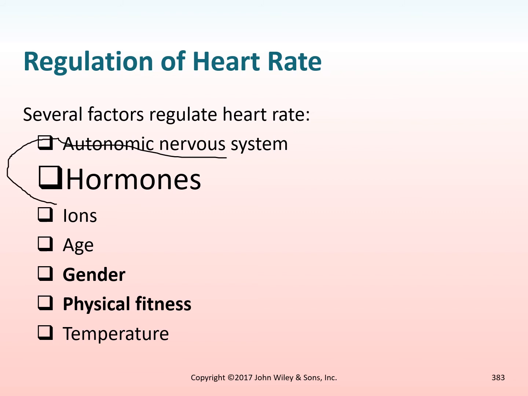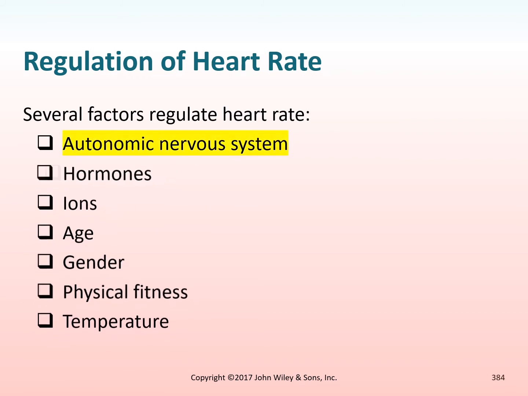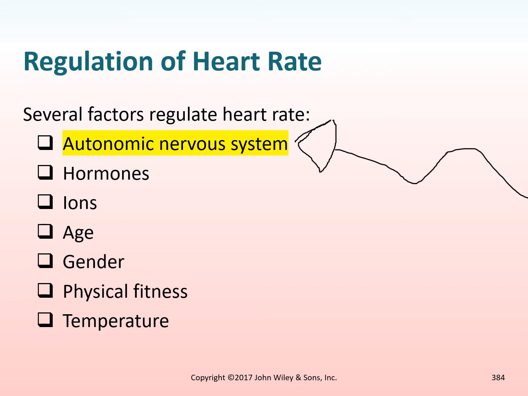Epinephrine, adrenaline, hormones of pregnancy, thyroid hormone, these can change your heart rate. Having people outside your house that are threatening you could also make you nervous. Temperature, all these things can affect the rate of your heart. Potassium or sodium being way off, calcium.